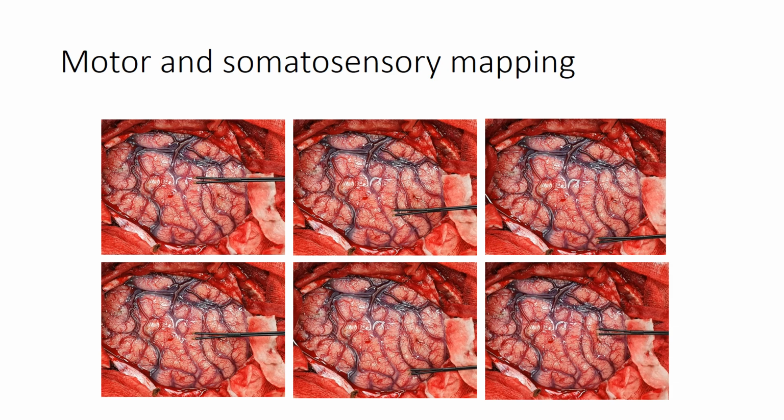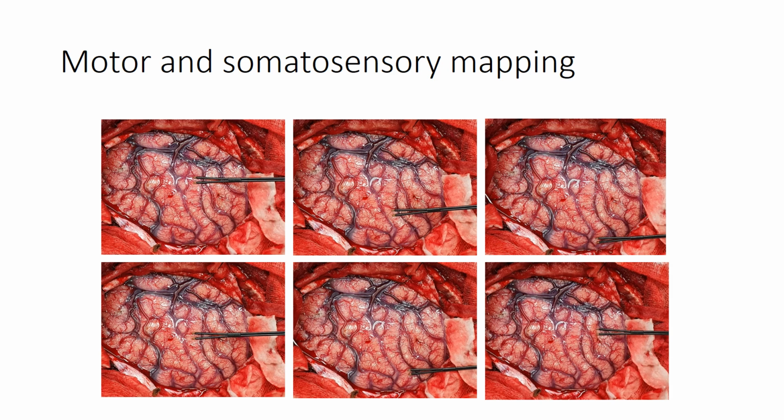This is the simplest case of mapping motor and somatosensory cortices. In this case, we have the right frontoparietal area exposed, the right central region exposed. This is a case of focal cortical dysplasia.